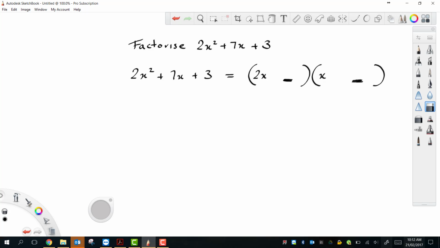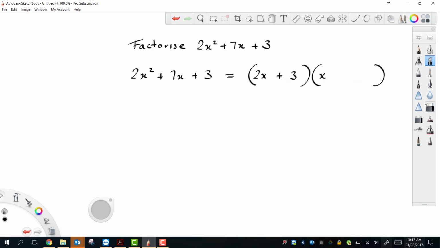But that's complicated this time because we've got this 2x in play. All right, so let me show you why that's a problem. Let's come up with two numbers that multiply to 3. So 1 and 3, and let me just randomly put down a 3.